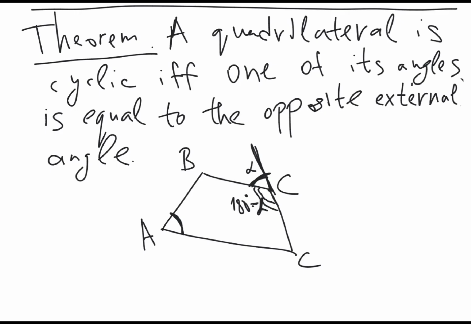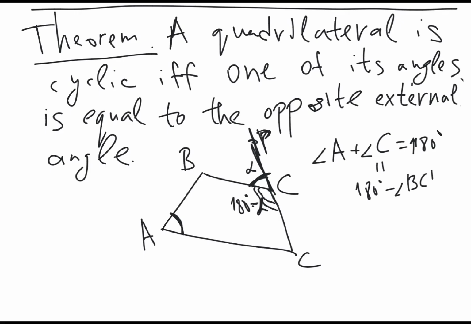So the condition that angle A plus angle C is equal to 180 degrees from the previous theorem is exactly the condition that angle C is equal to 180 degrees minus the external angle C. If you denote some point P here, this would be 180 minus the angle BCP, right?